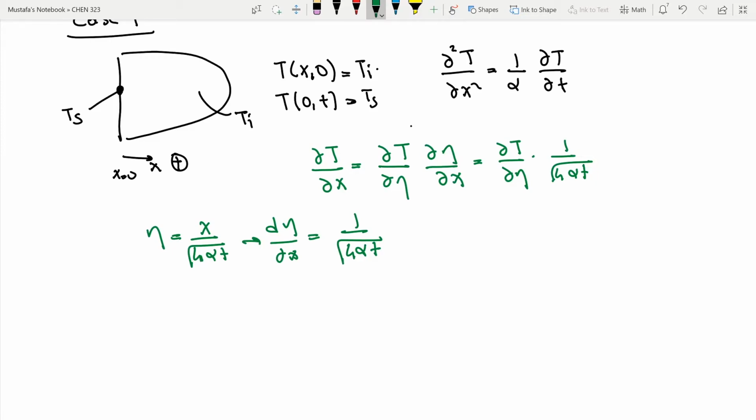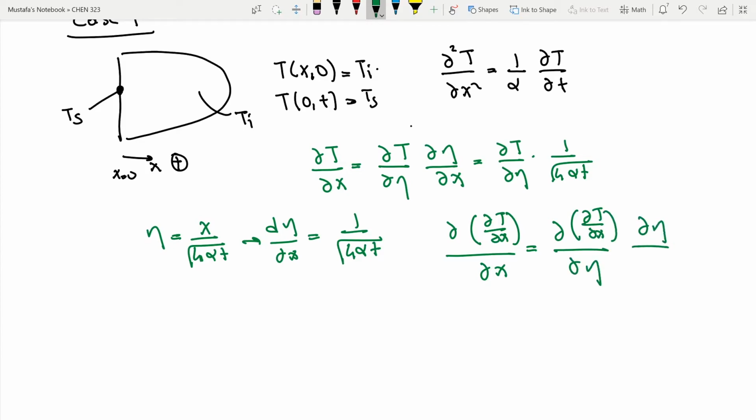Okay, so that is d by dx, but I need the second derivative, so that means I need d by dx of dT by dx. This is the second derivative, so I need dT by d eta times d eta by dx. I now know what the dT by dx is in terms of eta, and d eta by dx we already calculated.